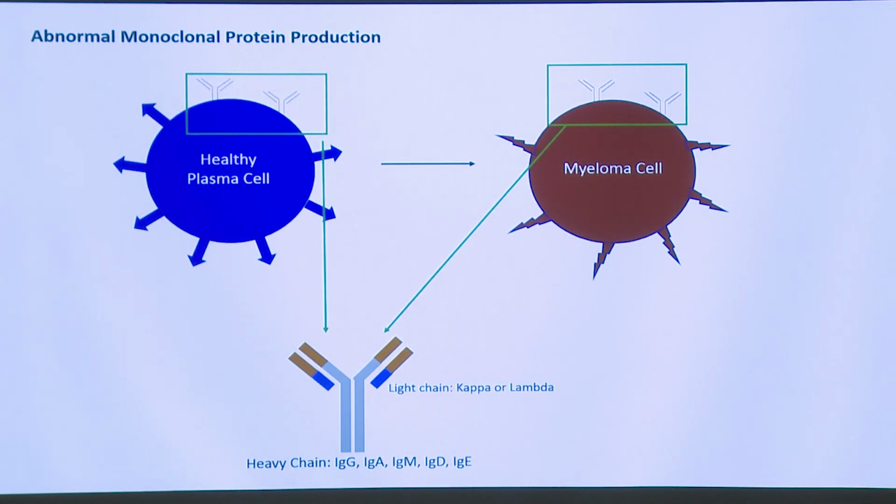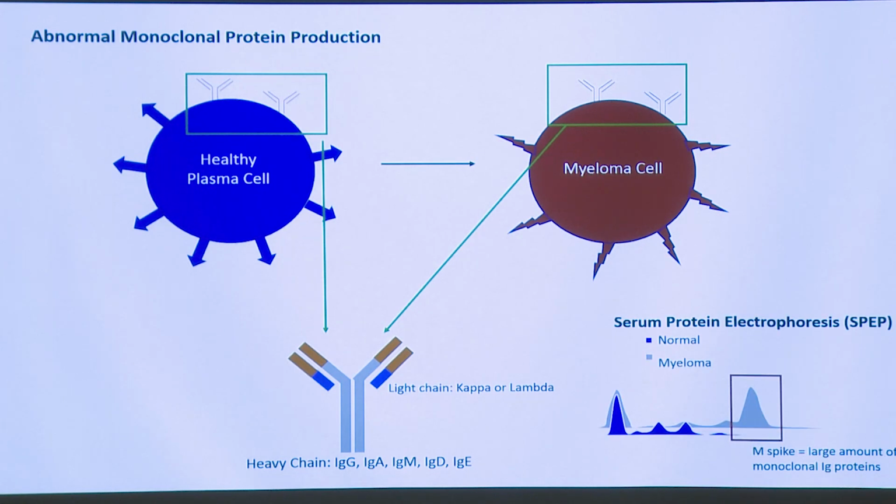So if the patient has a lot of myeloma cells, obviously a lot of protein is being produced and is going into the blood, and then we check the blood for it. We do a test called serum protein electrophoresis, or SPEP, and this test serves mainly to see what protein is in the blood. I mean, there are various types of proteins.